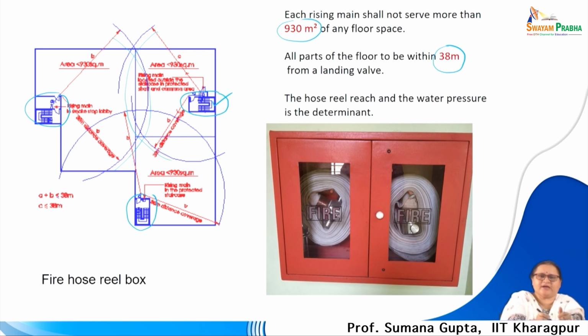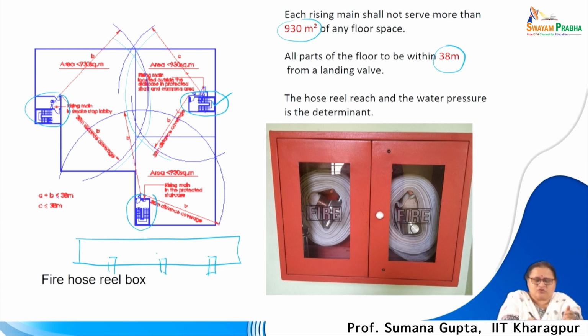Now, this is a very squarish form, but your building may be very elongated, in which case the distance between staircases becomes mandatory. So, there are norms given where you will try to put the staircases at specific distances from the edge and between the two staircases, all of which are to be decided.